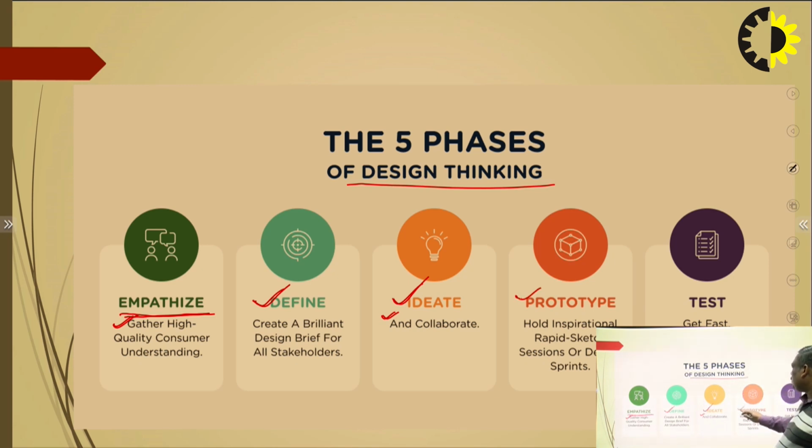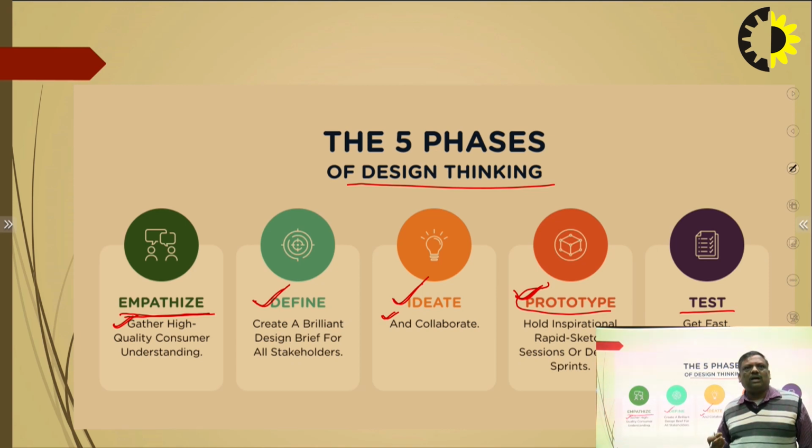And prototyping: when we define a layout, it will be created as a prototype model, and this prototype model is checked by the user's end, and when the user is satisfied, then our prototype is built. Otherwise, if the user is not satisfied, then the user can ask for an update, so the designer can update it, and then find the final prototype model. The next one is test, which means validating things through certain parameters.